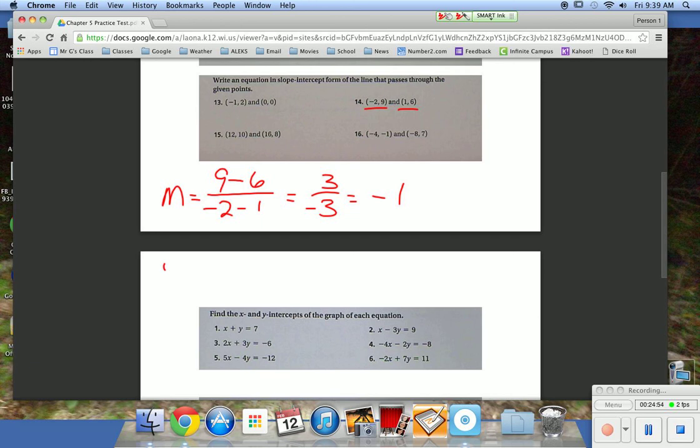So we put it in there. Y minus what? Which point are we going to use? Jade, which point are we going to use? We've got 1, 6. So we go y minus 6 equals, what's our slope? Negative 1 times x minus.